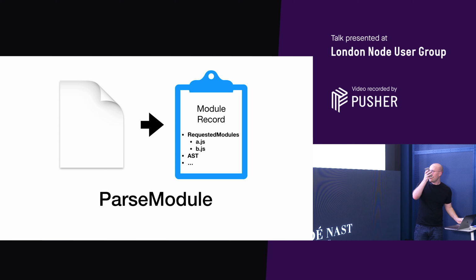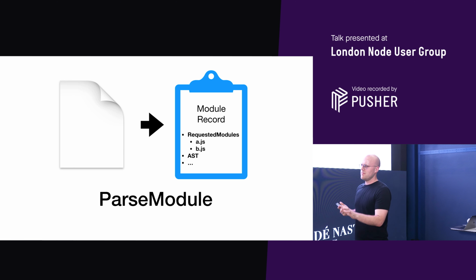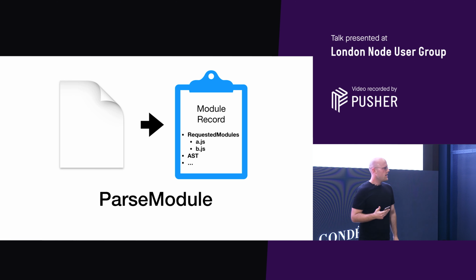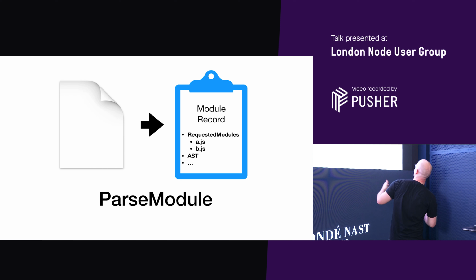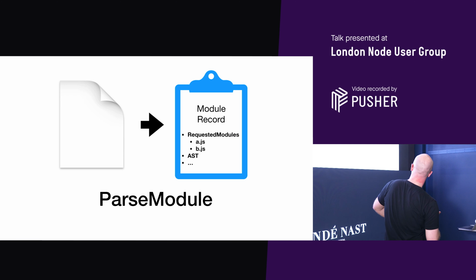So on web, it's all pretty straightforward. You have a script tag. You put an extra property in it that says, hey, this is referring to a module, so interpret it, use parse module to parse it all in.